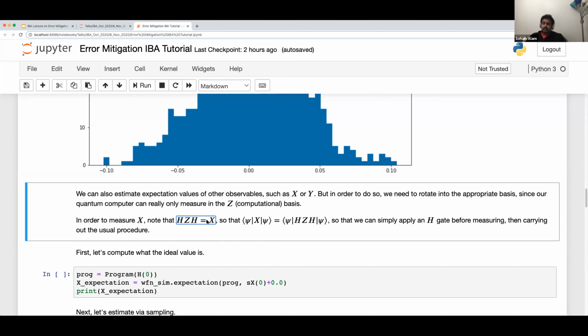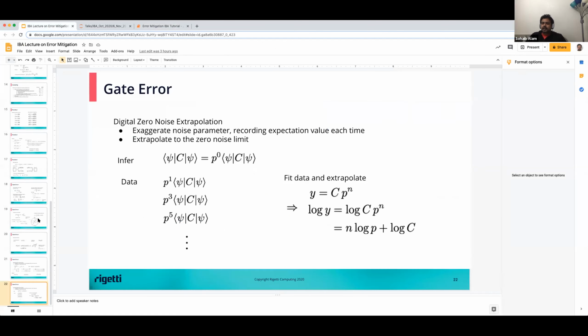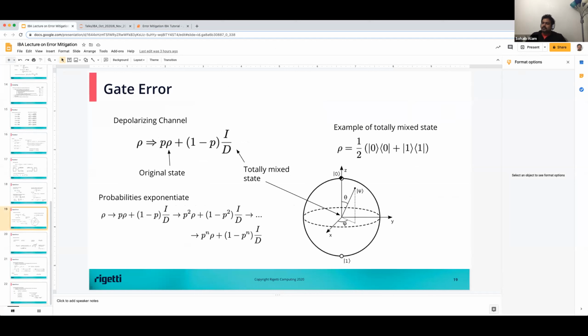another way to think about it is in the Bloch sphere picture. Let me actually show you the Bloch sphere. I had it here somewhere. Yes. So this is the 0 state. If you now apply a Hadamard gate, it brings you to the state pointing towards the positive x-axis.